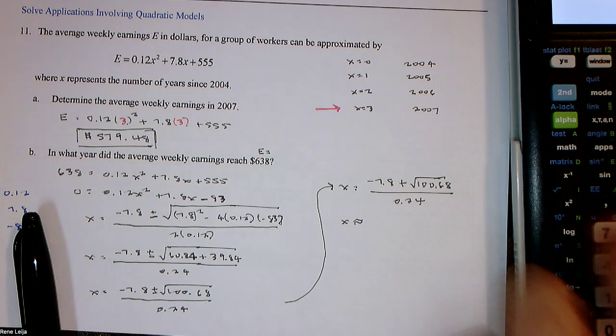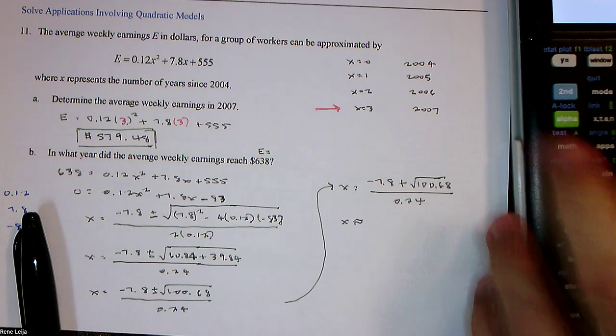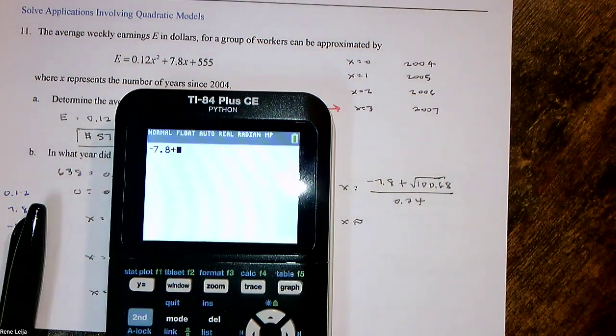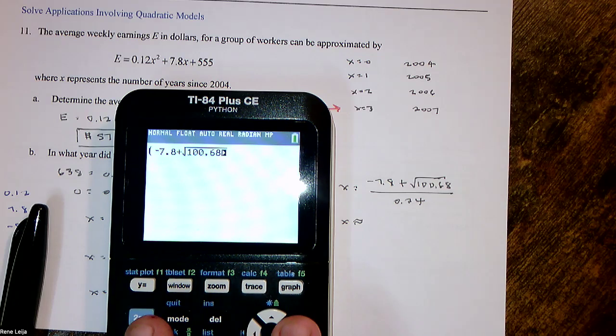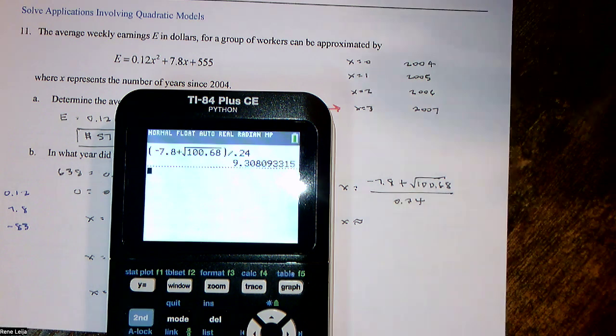So negative 7.8 plus the square root of, oops, hang on a second. Let me put all this in parentheses. Negative 7.8 plus the square root of 100.68. Let me close the parentheses. That's the top. And I'm going to divide it by 0.24. So that's approximately 9.